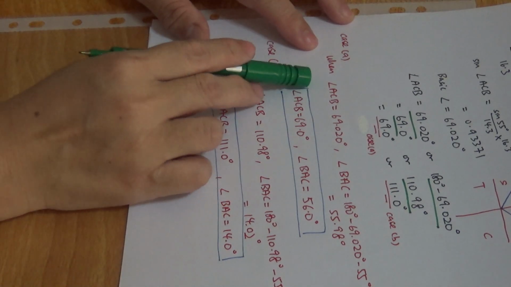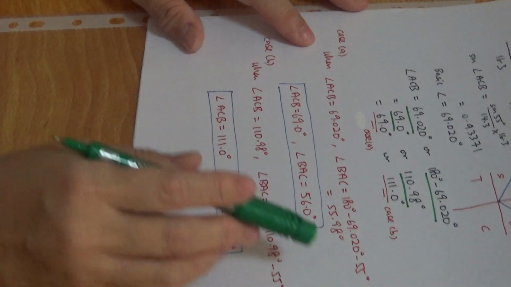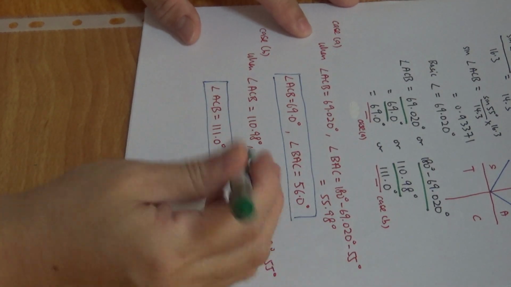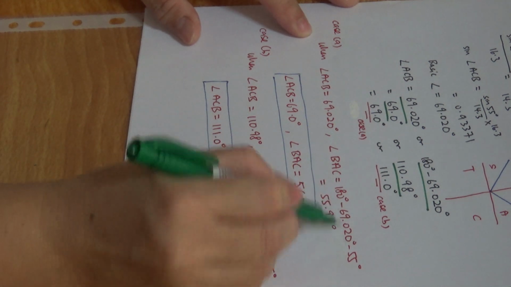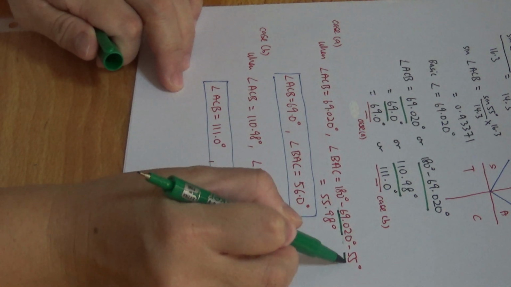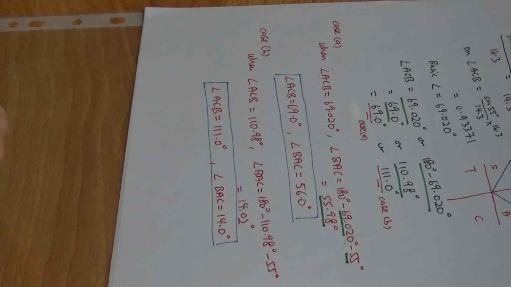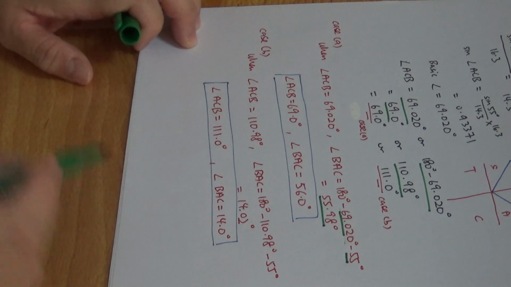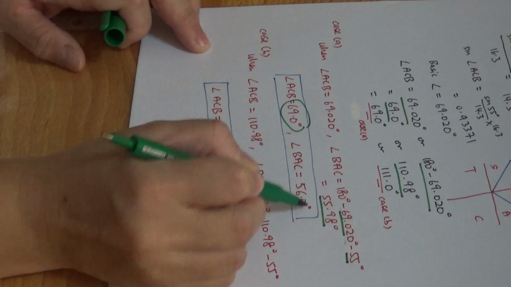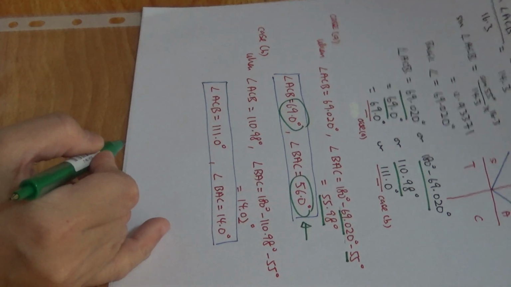Case A: when angle ACB is 69.020, angle BAC will be 180 minus 69.020 minus 55, and you get this answer. So for angle ACB 69, you get angle BAC as 56. This is one set of answers.